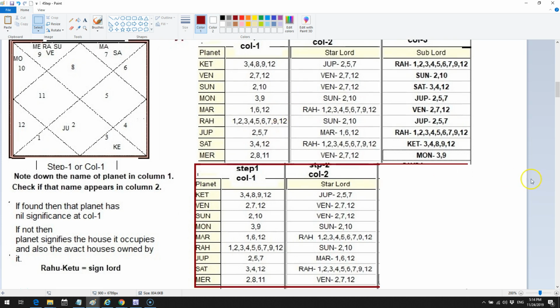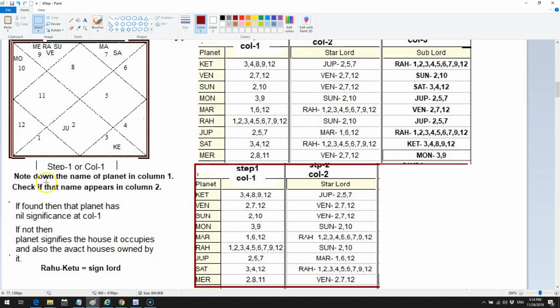So for step 1, or column 1, what are the rules? First we have to look at this column and see if the planets signifying these houses are really the significators of these houses or they are just tempters. So we are going to apply the step 1 rule.